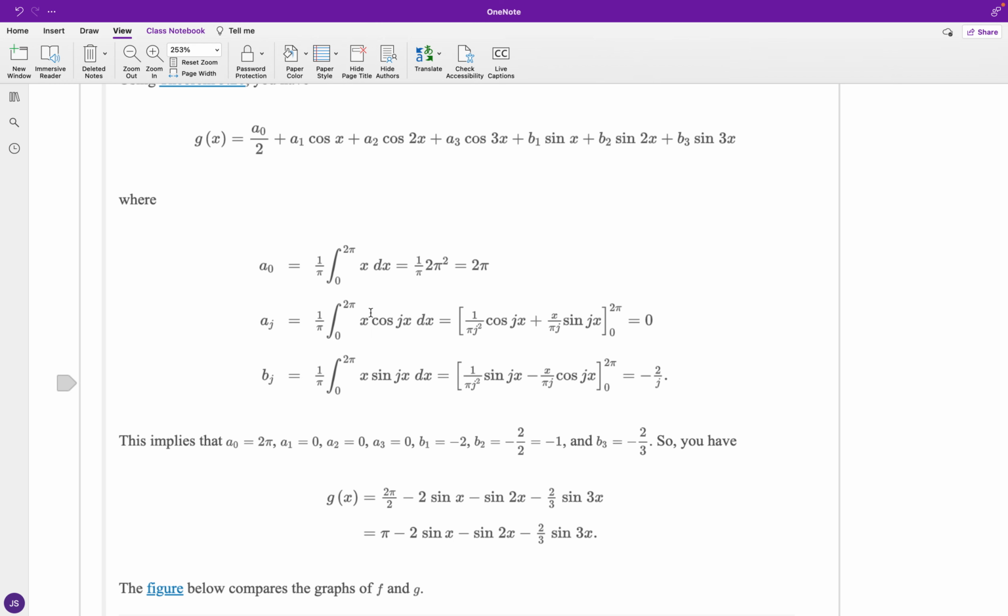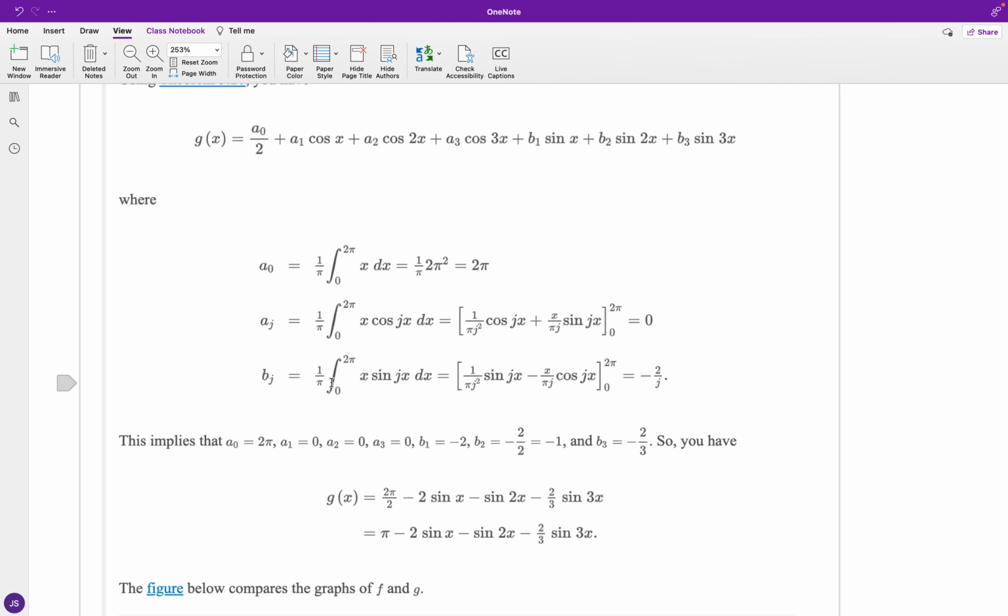And just substituting what we have here. The first term, a naught over 2, is going to be pi. Then for a sub 1 cosine of x all the way out to a sub 3 cosine of 3x, those are going to be negligible, thanks again to the integral of a sub j coming out to 0.